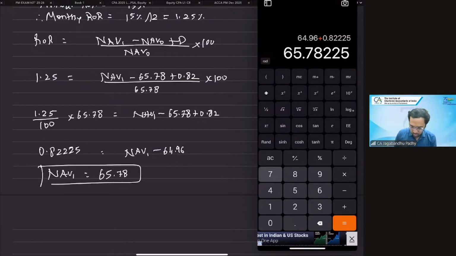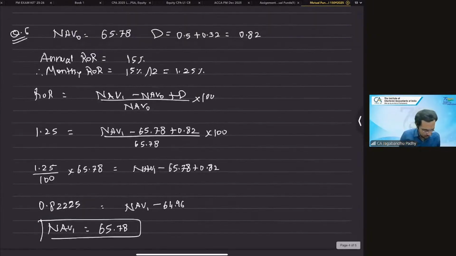So what can you say about the NAV? Any special comment about the NAV? It has remained the same. There's no change in the NAV, right? Yes, sir.